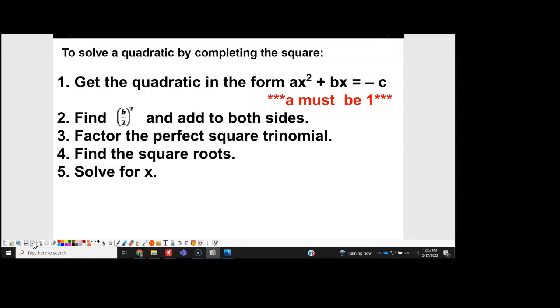First, you need to get this equation in a form we usually don't put it in. We're putting it in a form where it is equal to C. So that's unique to what we've been doing.